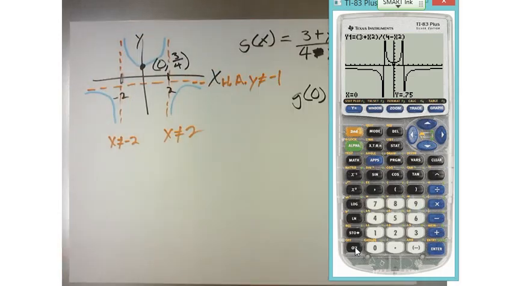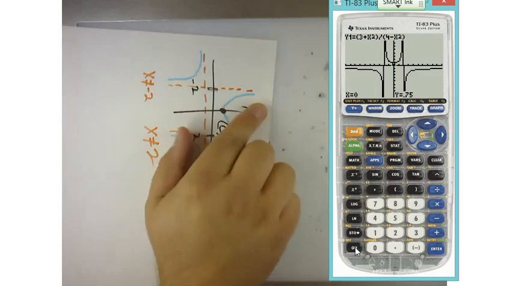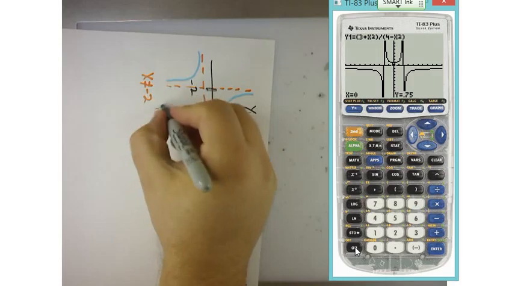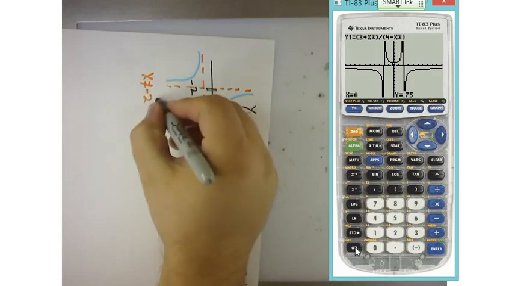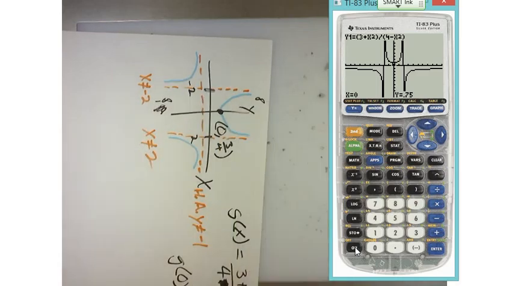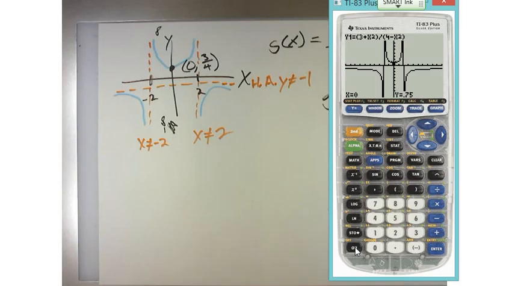So now we have to look only in the y direction. You could turn your graph sideways like this, because in the y direction this is negative infinity and this is positive infinity. So what do I write for my range?